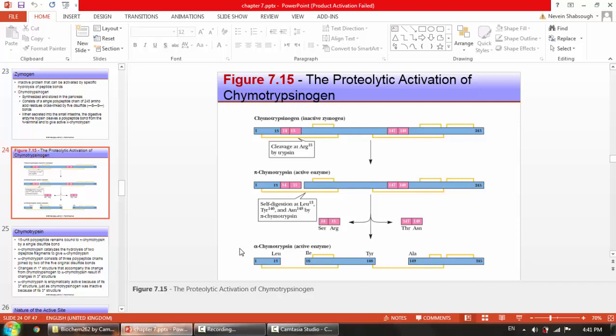Now, the protonated amino group of the isoleucine residue exposed by the first cleavage.